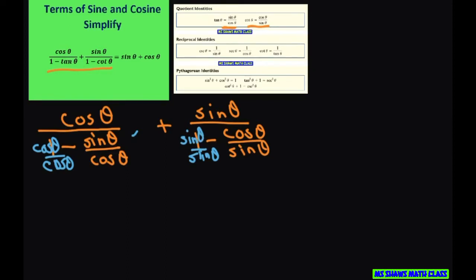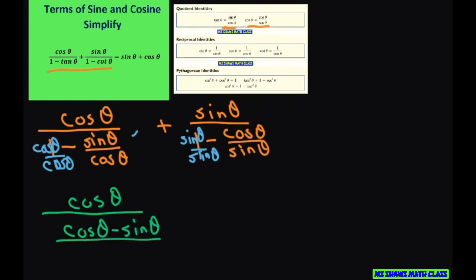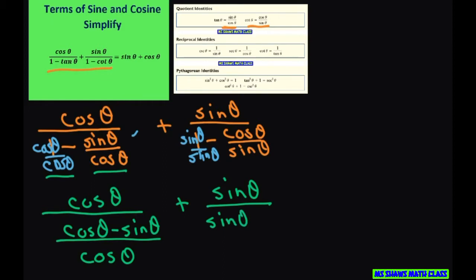That's going to give me cosine of theta divided by cosine theta minus sine theta divided by cosine of theta. Similarly, I have sine of theta divided by sine of theta minus cosine of theta divided by sine of theta. So we just got the common denominators here.